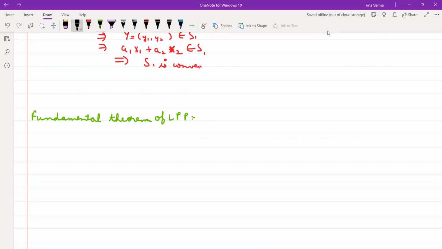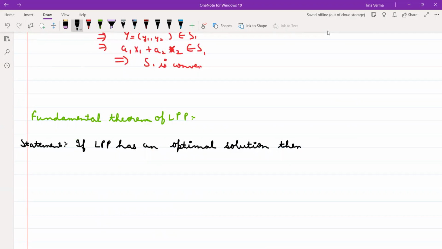Since it has a name, the statement can also come in the exam, so if you are preparing for exam, the statement is that if LPP has an optimal solution, then it lies at least on one vertex of the feasible region of the considered LPP.